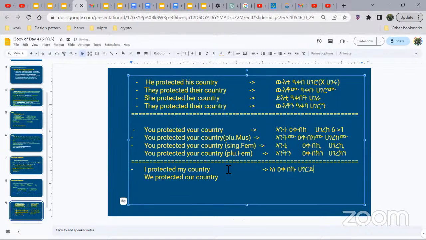This is exceptional. First person doesn't change. Okay, exceptional. Is it an exception for every verb? Or for country? No, exceptional.